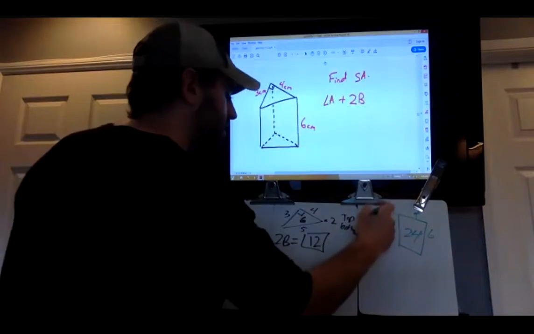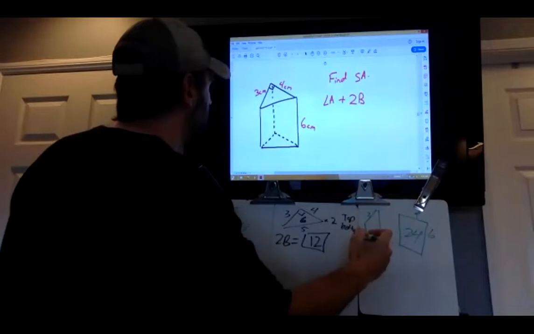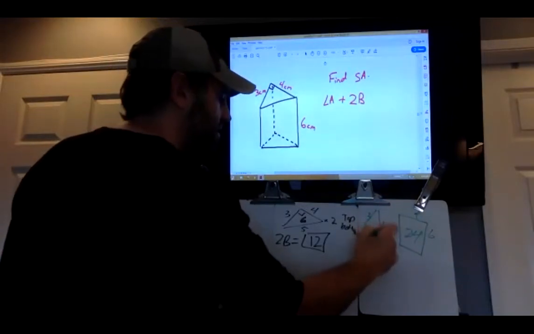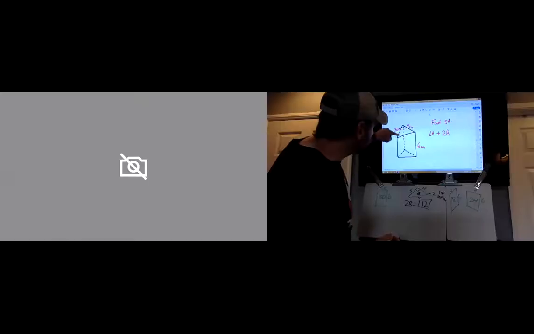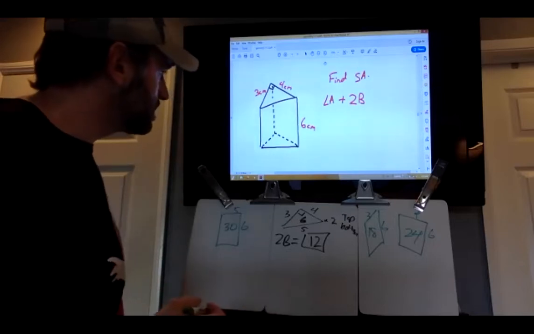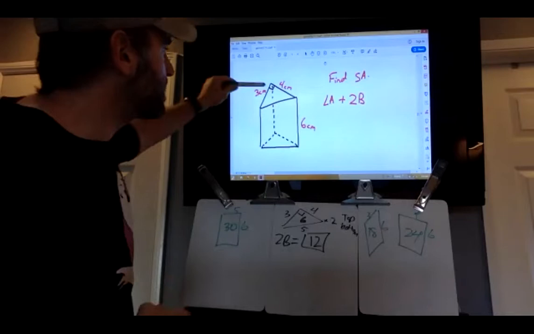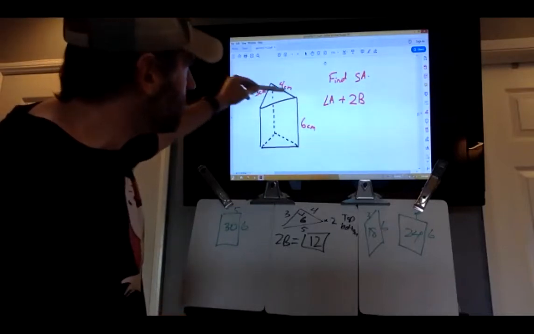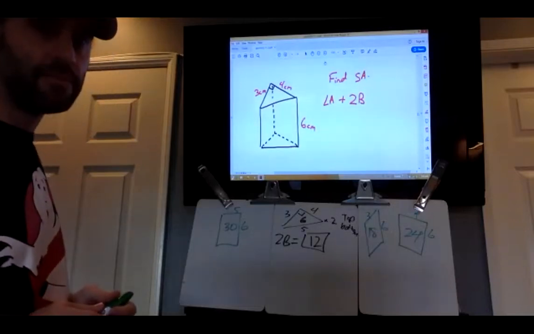Where did you get the bases from? Okay, hold on. I'll do that for you. It's a right triangle. Okay, the bases. Yeah, this is a right triangle, right? 3, 4, 5. Got it? You can use the Pythagorean theorem, but this is a 3, 4, 5 right triangle. So isn't the base 5?